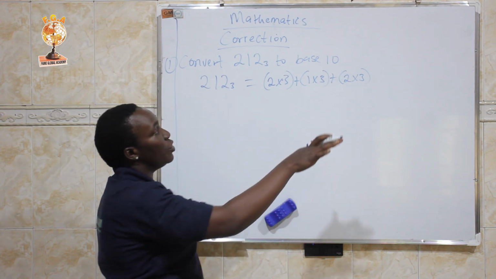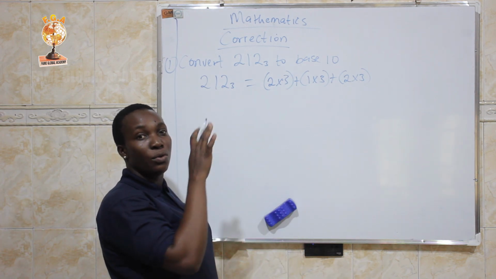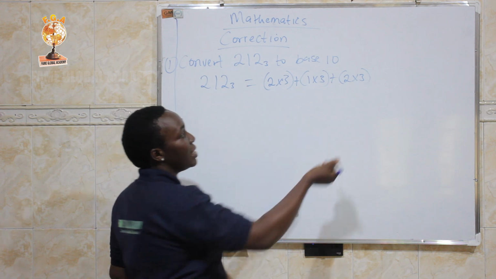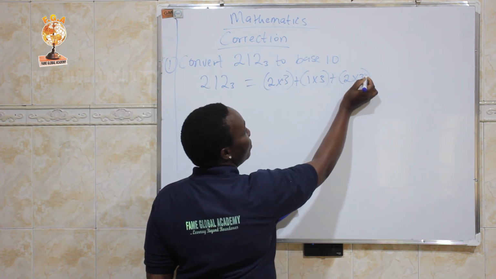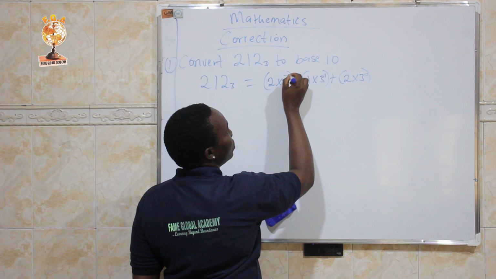After you multiply the numbers one after the other with the base, you add your powers, starting from the last one with 0, here will be 1, here is 2.